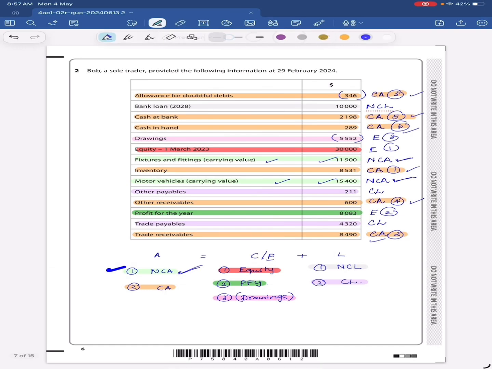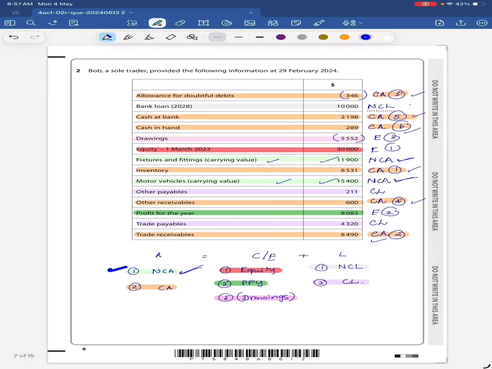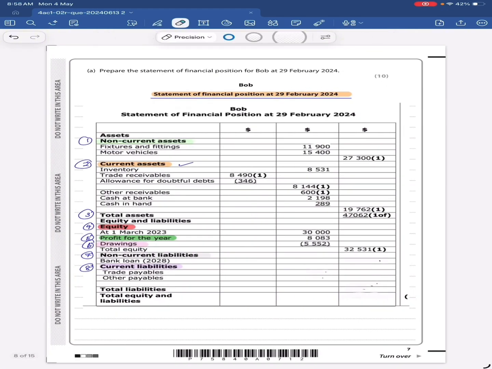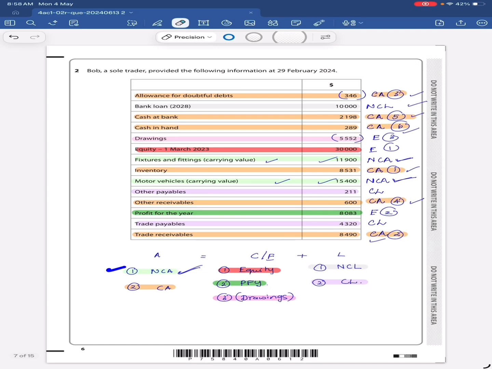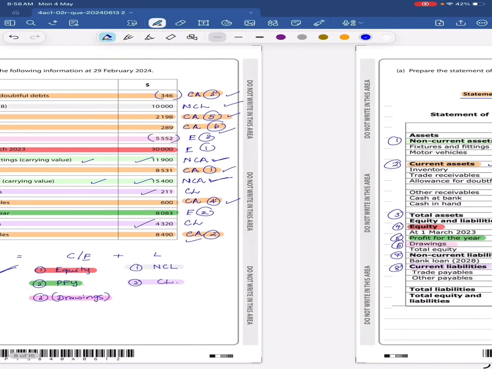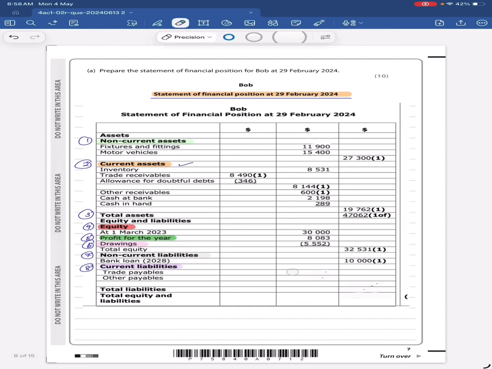Now the next is to list the non-current liabilities. There's a bank loan of 10,000. Let's enter the 10,000 bank loan. Under current liabilities, we have other payables 211, and then trade payables 4,320. Let's list them. Now let's add these two in order to get the total current liabilities.